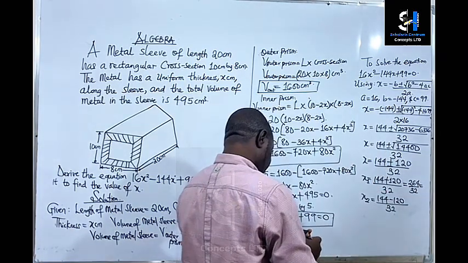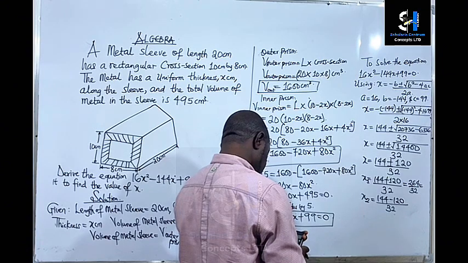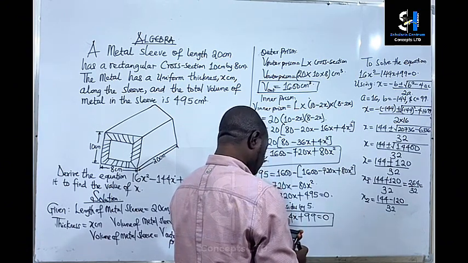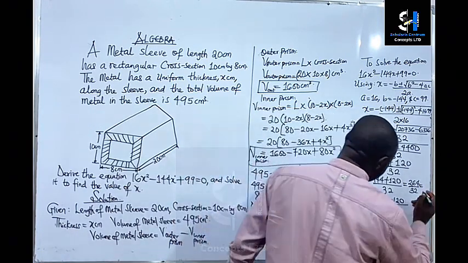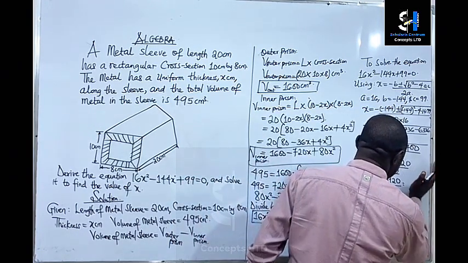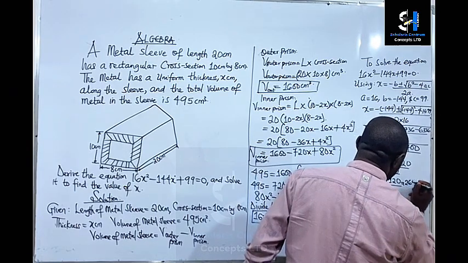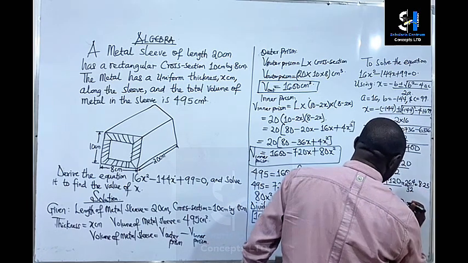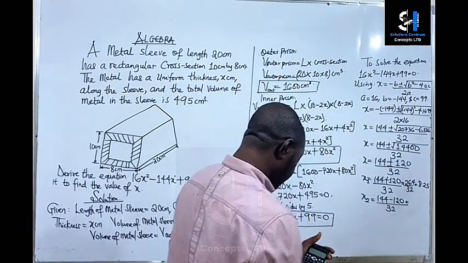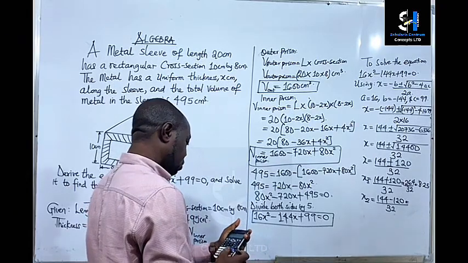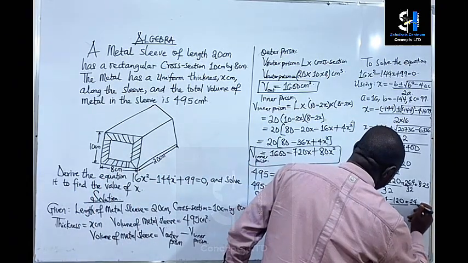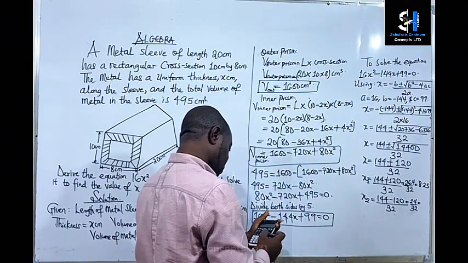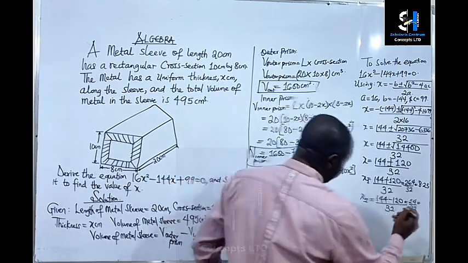So the first value of x is 8.25. Now the second value of x, 144 minus 120, that will be 24. So this will be 24 divided by 32, and that will be 0.75.